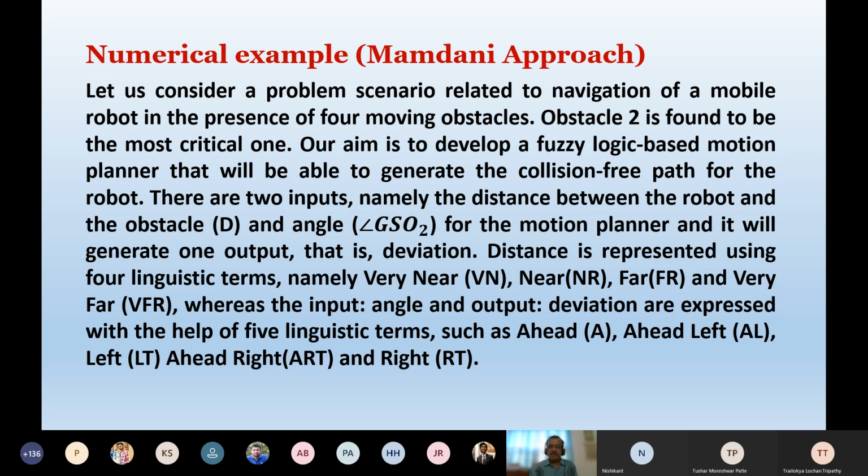Distance is represented using four linguistic terms, namely very near, near, far, and very far. Whereas the input angle and the output deviation are expressed with the help of five linguistic terms such as ahead, ahead left, left, ahead right, and right. So this is the statement.